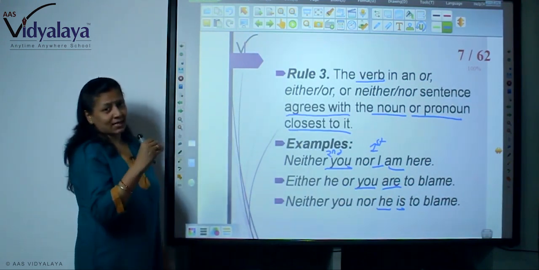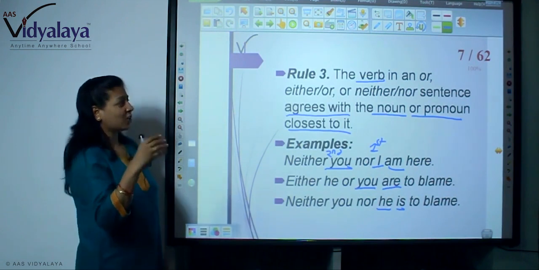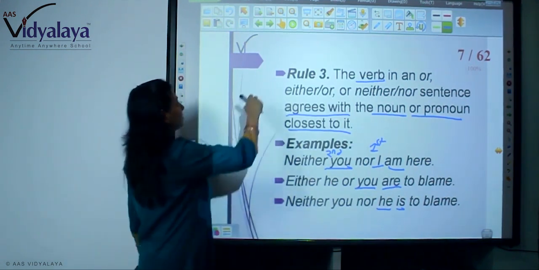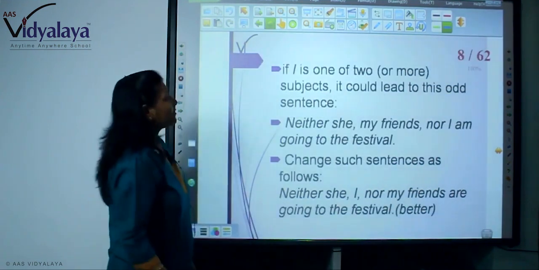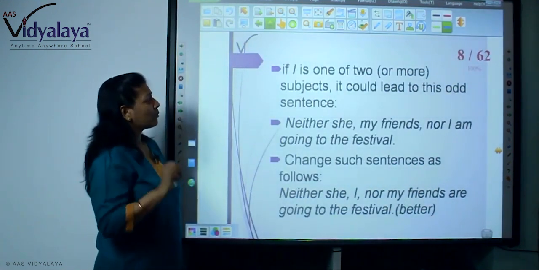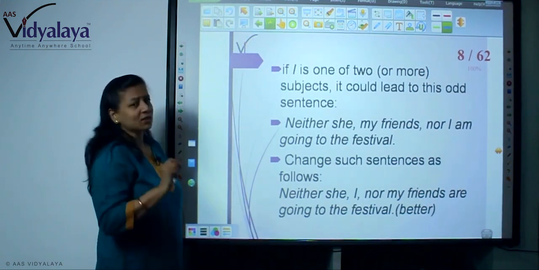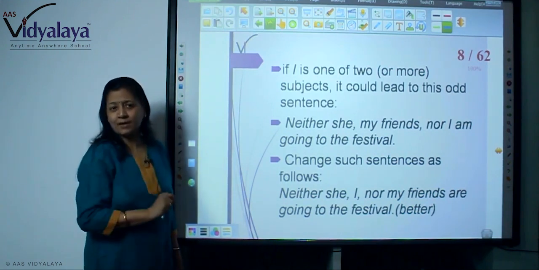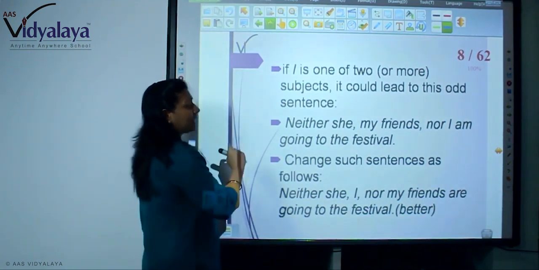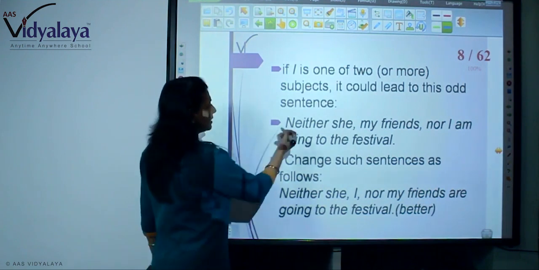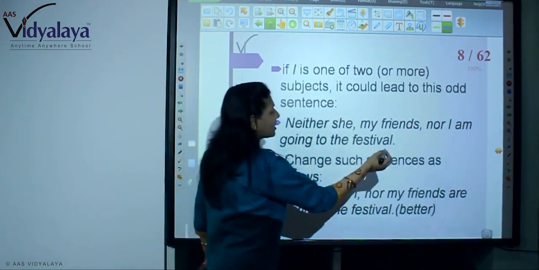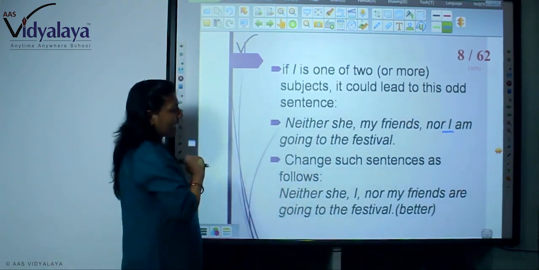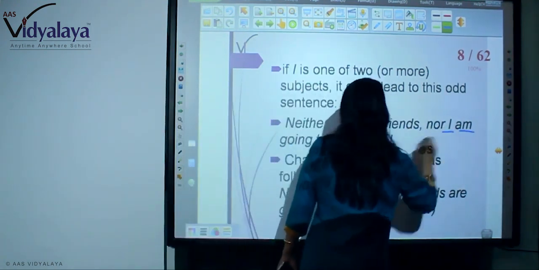Now, after three slides, you must be getting an understanding of how it works: first rule, second rule and third rule. Now, if I is one of two or more subjects, it could lead to an odd sentence. Always remember, if I is there, the verb is always am, right? So if you write this type of sentence, neither she, my friends, nor I, then your verb will be am, as you know, according to the rules.